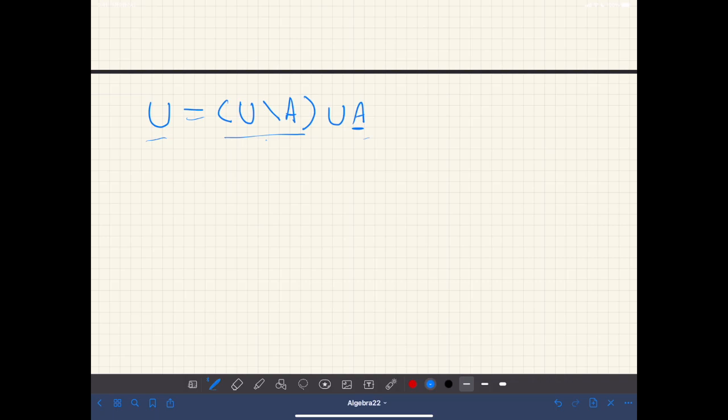And also, if we take the intersection between these two sets, we sometimes call it U minus A, cap A. So this should be empty, right? Because nothing is common between these two sets.